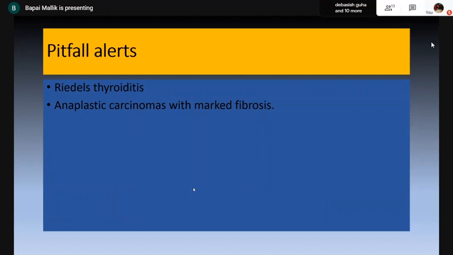Look at what is written in the clinical history: rapid growth, lesions which are fixed to the surroundings, and of course the appearance on imaging. Be very careful. Even if you call it an unsatisfactory sample, it should be at the back of your mind that you might be missing some of these things.